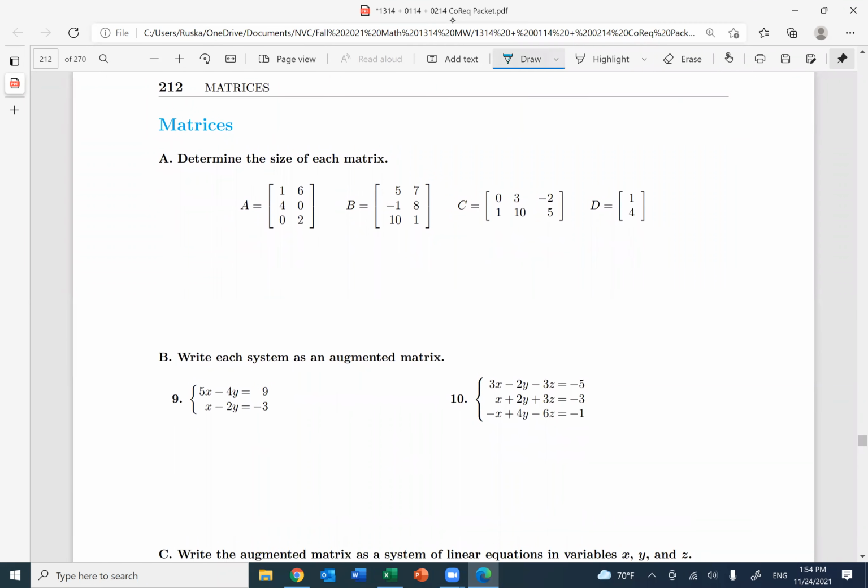So first, how do you find the dimension of a matrix? The dimension, the size, is always row by column. Okay, always row by column. So the first one, A, how many rows? There are 3 rows by how many columns? 2 columns, right?